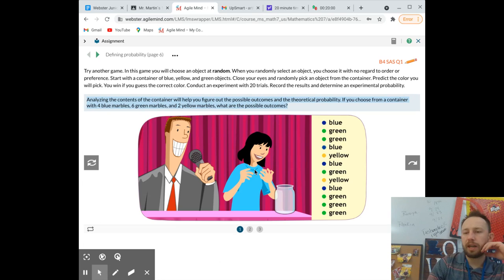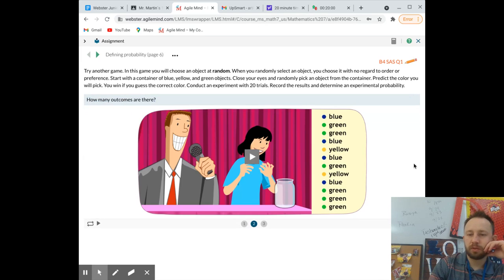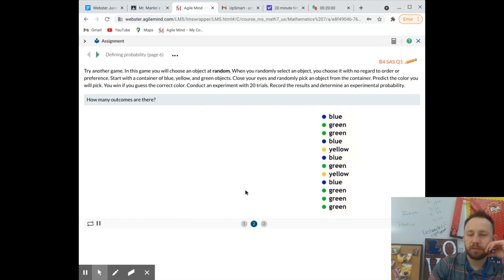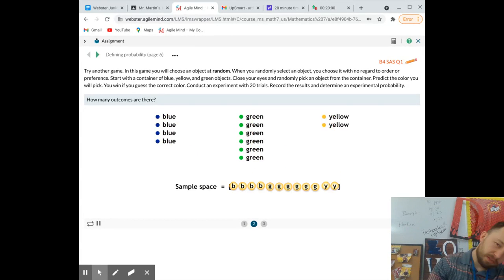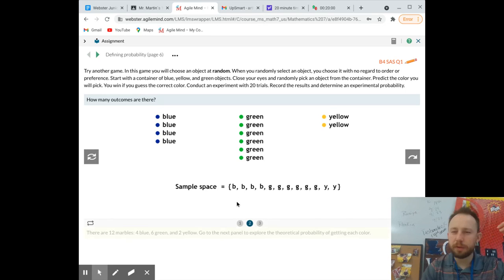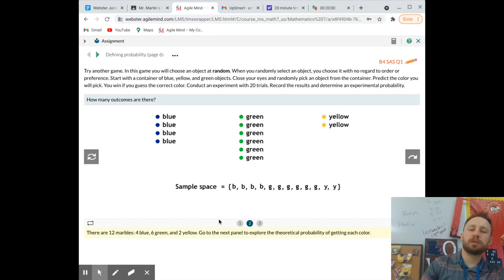Wow. All right. So she's got 1, 2, 3, 4 blues, 2 yellows, and how many greens? 6. Good. So when we put our sample space in there, what exactly are we doing?